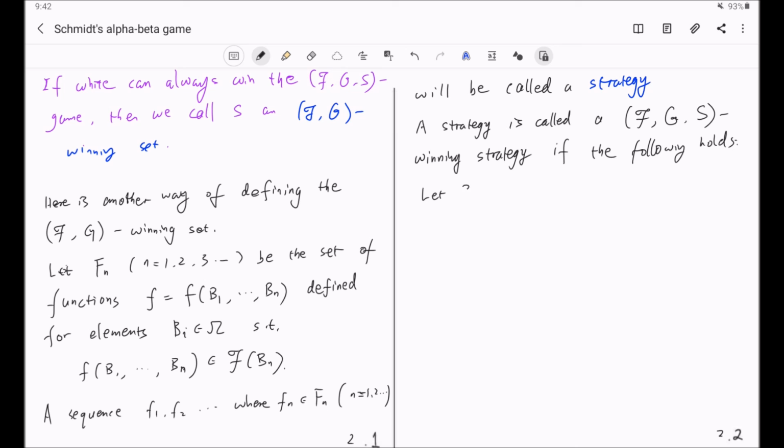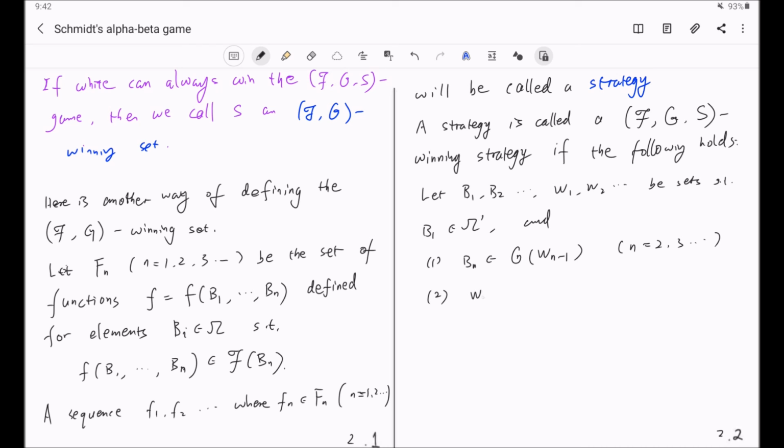Let B1, B2, W1, W2, and so on be sets such that, first, B1 is in omega prime and B_n is in G of W_{n-1}, where n is from 2, 3, all the way to infinity.